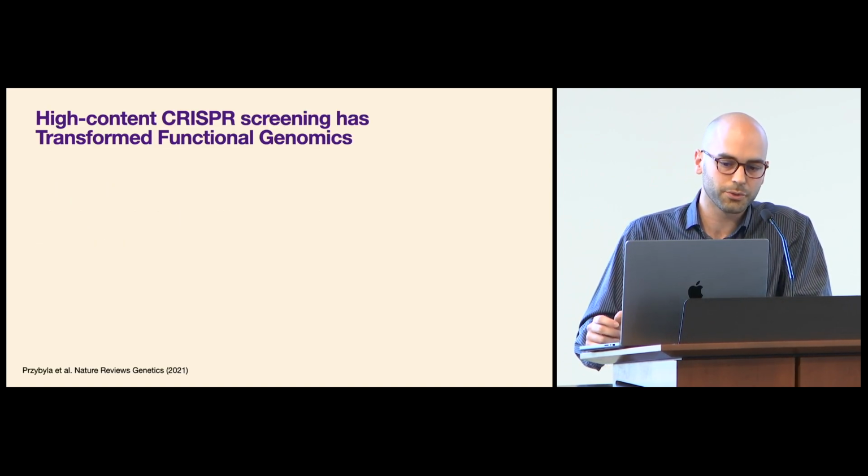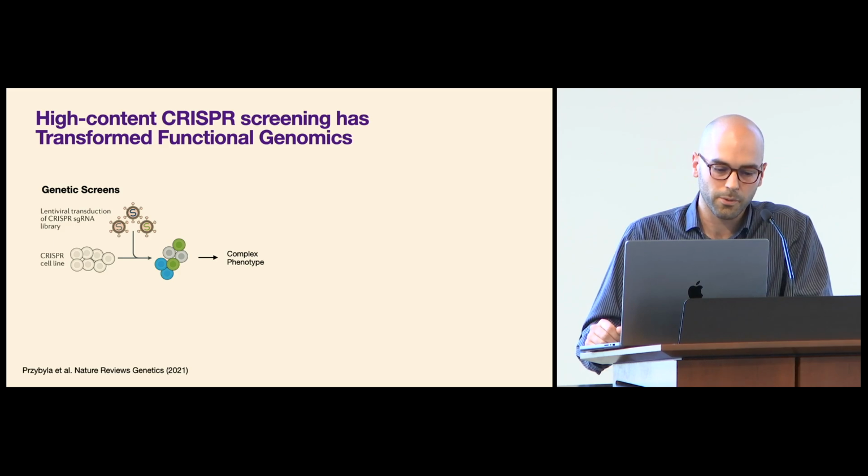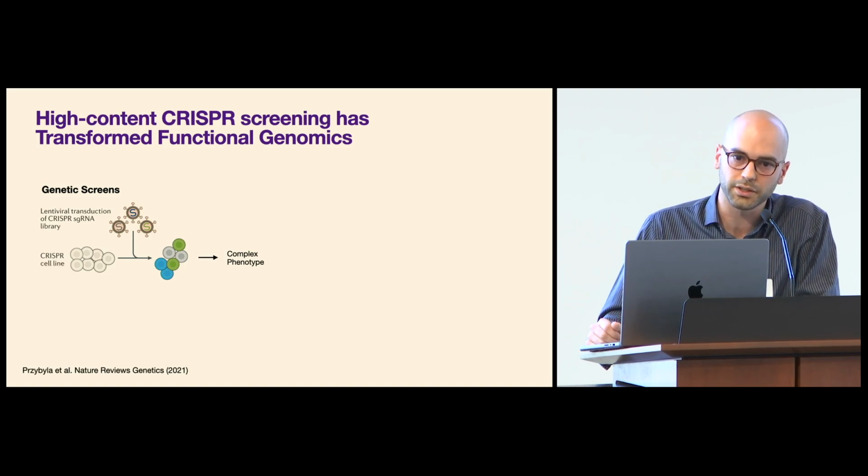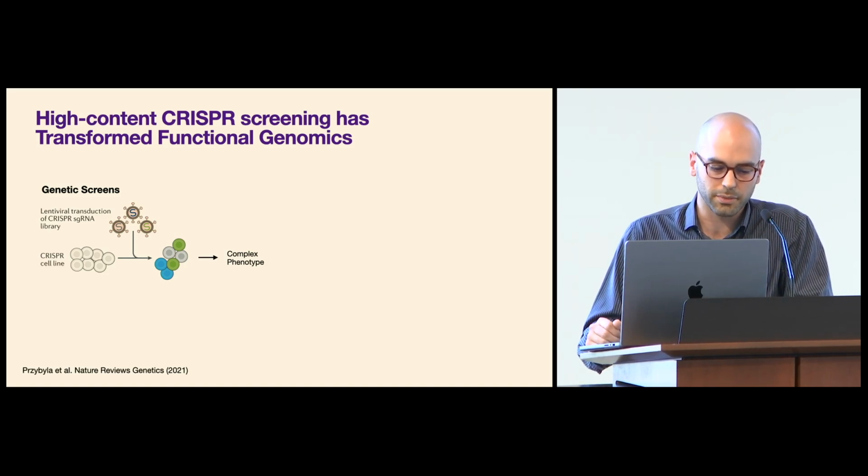So high-content CRISPR screening has been very valuable and has really transformed how we think about functional genomics. When I talk about high-content CRISPR screens, I usually think about cell lines or primary cells that express CRISPR. And we transduce, we deliver guide RNA to the cells to be able to edit the genome and basically have those knock-in, knock-out, or knock-down some genes inside of the cells.